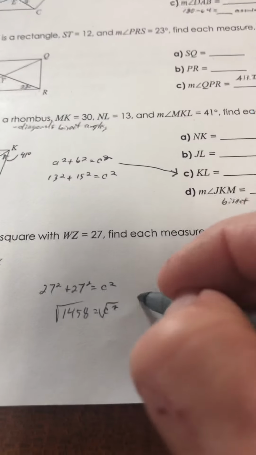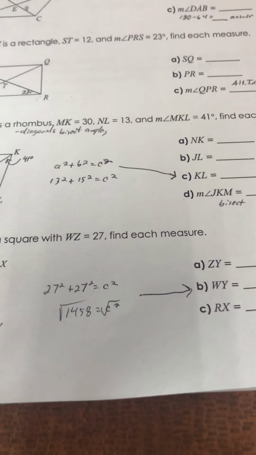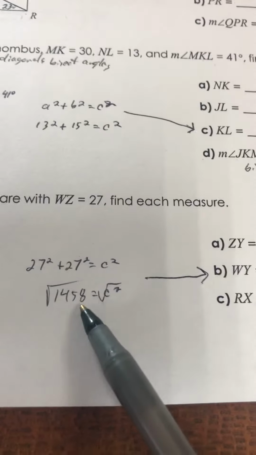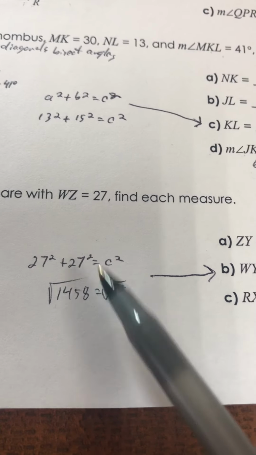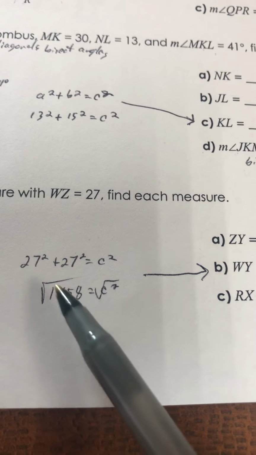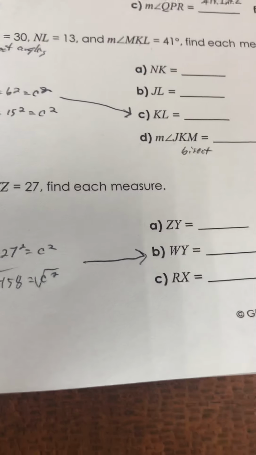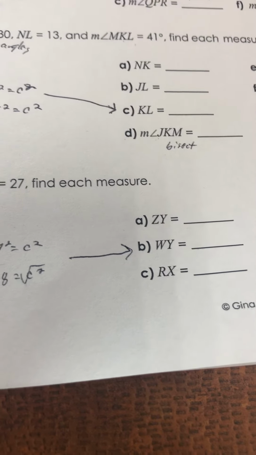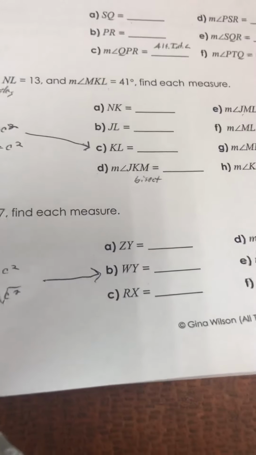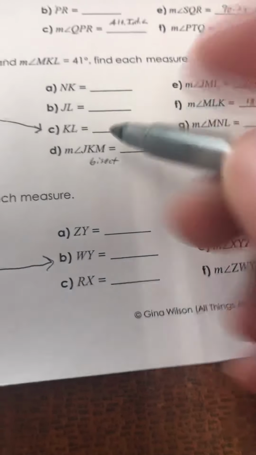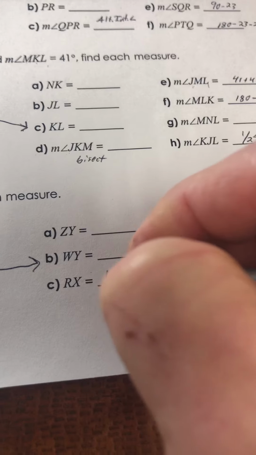You end up taking 27 squared plus 27 squared, and then you take the square root of it, and I guess just round it because it does not come out evenly. RX is going to be half of WY.